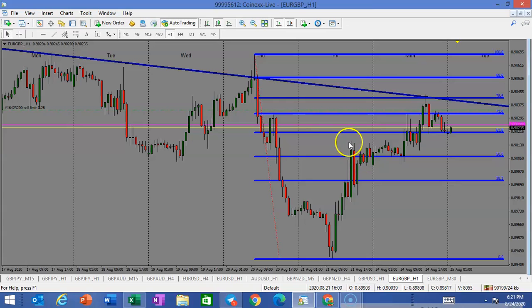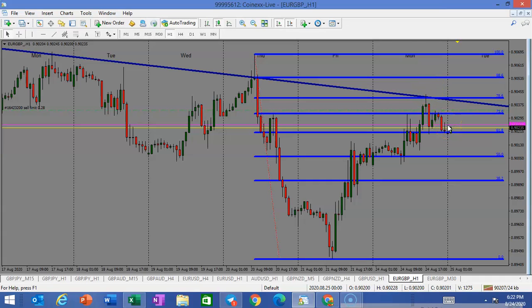And what we're looking for is a nice pullback there. Price pulled back, it didn't continue to extend, but it did make a significant pullback before it continued up to this 78.6 retracement. And it appears as though it's heading back down.